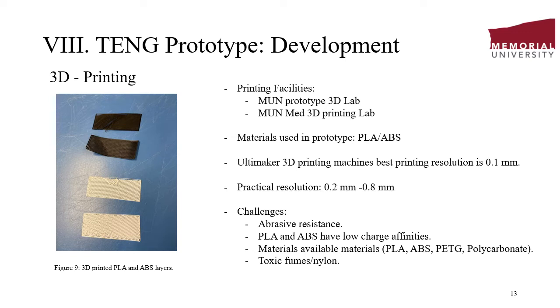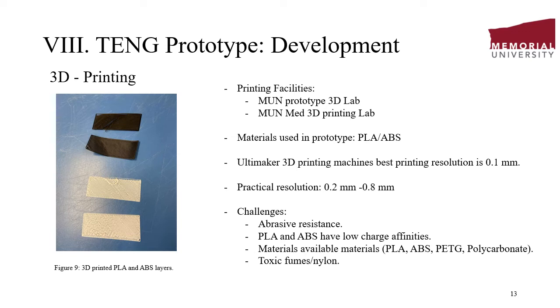So actually, the main disadvantage of 3D printing is that it is less abrasion resistant, due to its additive manufacturing properties. And the most readily available 3D printing materials such as PLA, ABS, and PETG are in close proximity in the triboelectric series.